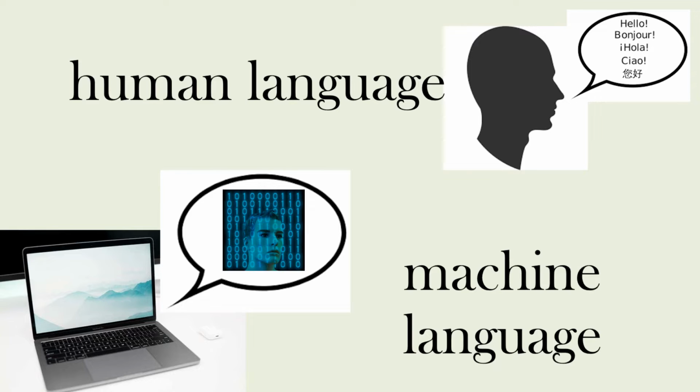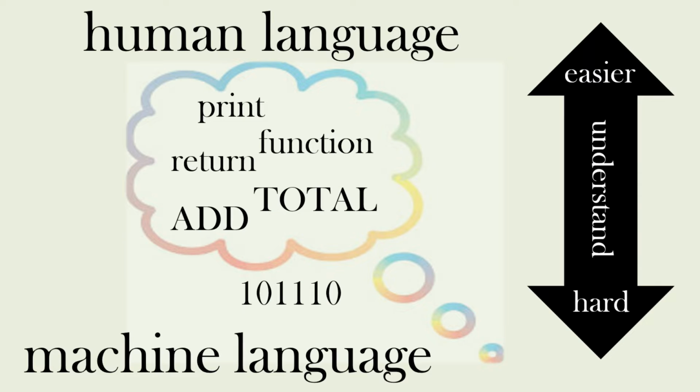But we think of language, as in the language that we speak, as something very different. So how are they connected? Well, machine language is difficult for us to understand, but a computer or a device can understand it easily. Whereas the English language, for example, a human language, is easier for us to understand.